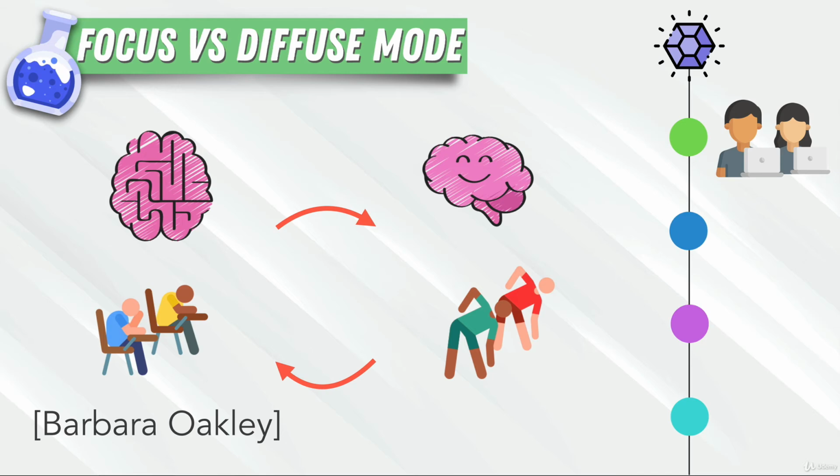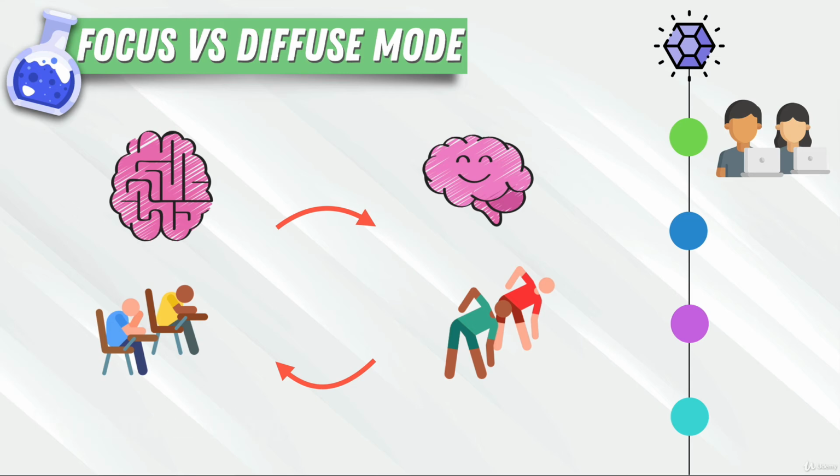For example, let's say you're learning to surf, and once you take a break from your first surf lesson, you realize that back in the day you skateboarded, and some of the same principles you had in skateboarding are the same as surfing. Those connections form when you're taking a break during diffuse mode, so that when you go for your second surf lesson, you'll actually be better prepared.